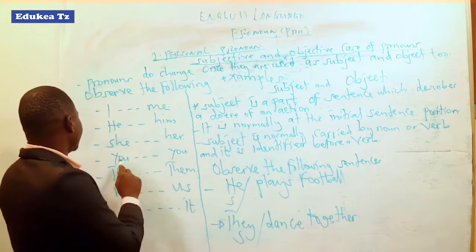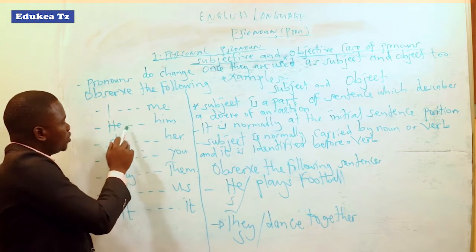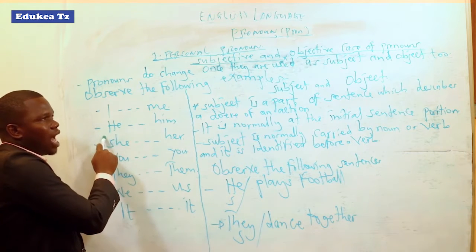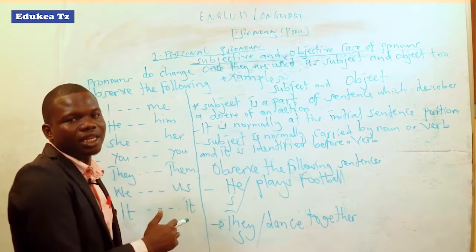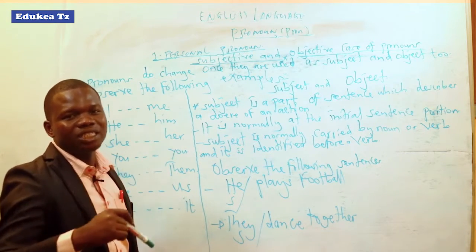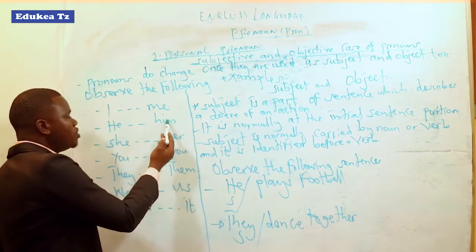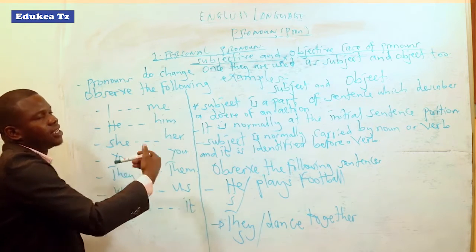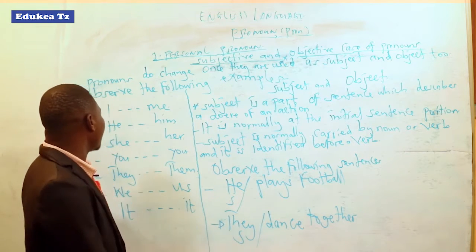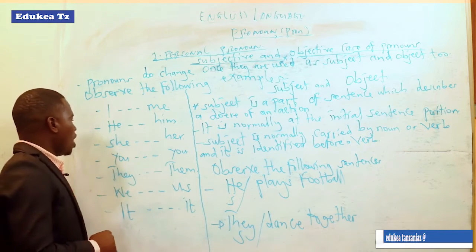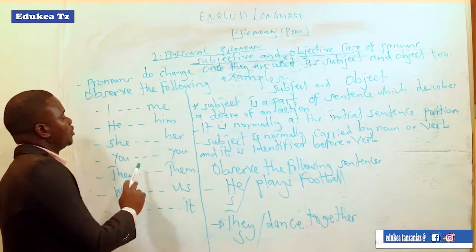Another pronoun is he. We use he once it is used as the subject of a sentence, or in the subjective part of a sentence, while it changes when it is used as an object or placed in the objective part of a sentence. Again, we have she. This she also changes from she to her.